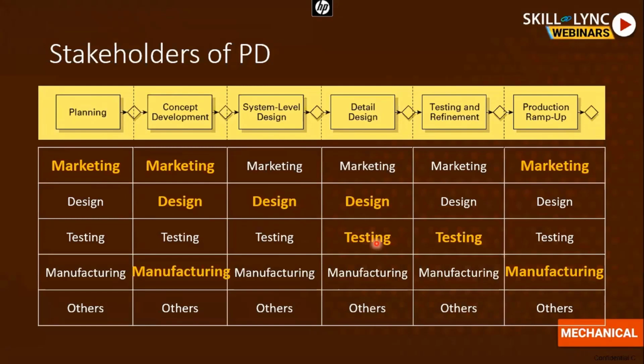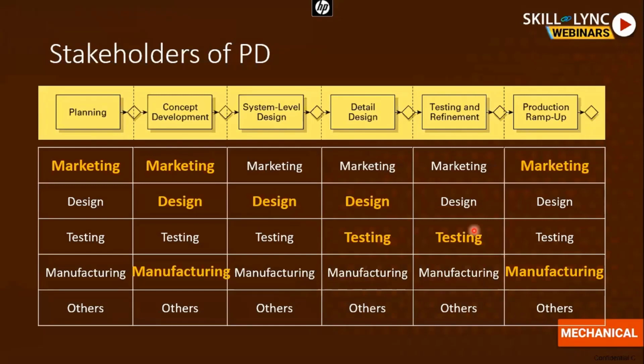This testing is not specific to this phase of testing. So this testing will be done basically for the system level design, which was done in this phase. So whatever detailed design is done in this phase will be finally tested in the next phase, which is specific to the testing and refinement phase.